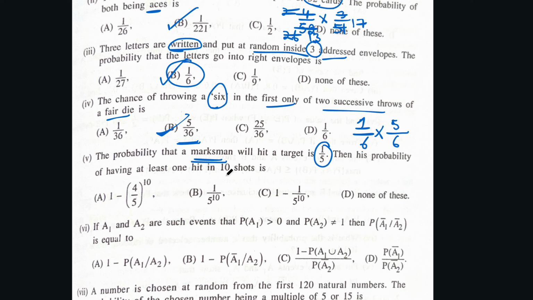Okay, the probability that a marksman will hit a target is 1 by 5. Then the probability of having at least one hit in 10 shots is, at least one hit would mean the probability of not hitting the target at least once.